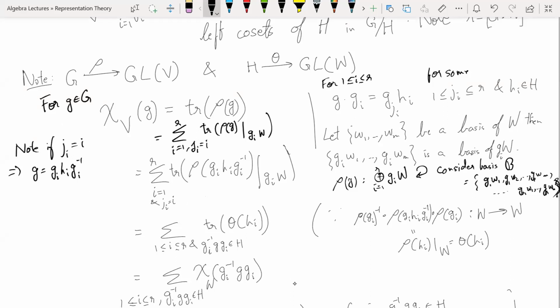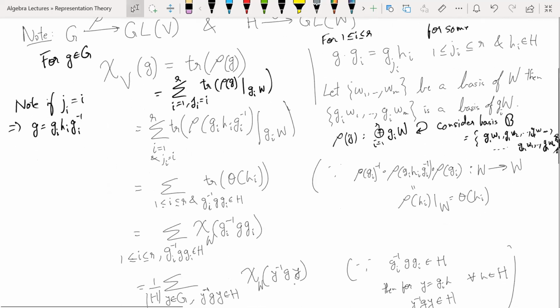So the trace of rho G restricted to G_i W is just this sum, with i between 1 and r, such that G G_i is equal to G_i. Another way to think of G G_i = G_i is to say that G_i inverse G G_i belongs to the group H. So it's the sum over i between 1 and r of the trace of this.